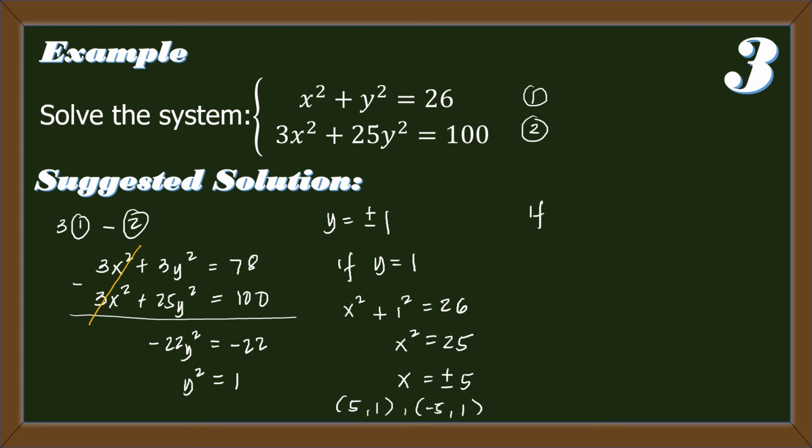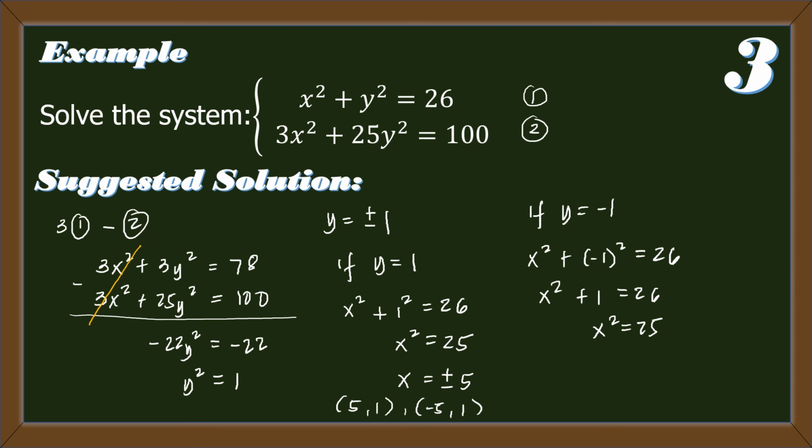Next, if y is equal to negative 1, we have x squared plus negative 1 squared is equal to 26 for the equation of the circle. So we have x squared plus 1 is equal to 26. Then x squared is equal to 25.